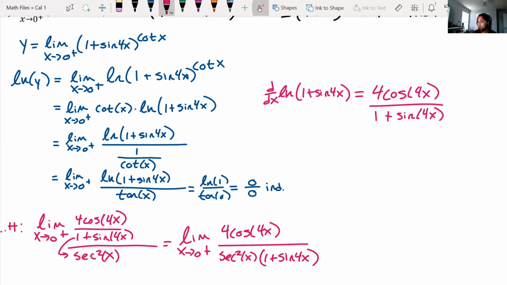Okay. Woof. Now, let's plug in 0. Let's hope it works. If not, we're taking that derivative all over again, of course, if it's indeterminate.